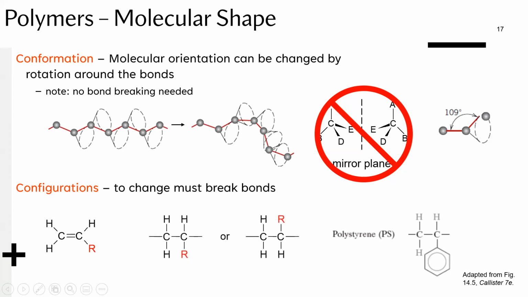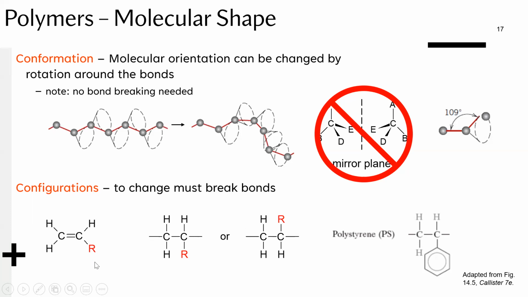Now, for instance, if you want to get this R group over there, you need to break that bond into a single bond, then reorient it, and then bring it back to a double bond. So what this means is that you have to break that double bond so that it's now weak enough for this rotation to happen, and then bring it back to the double bond state.